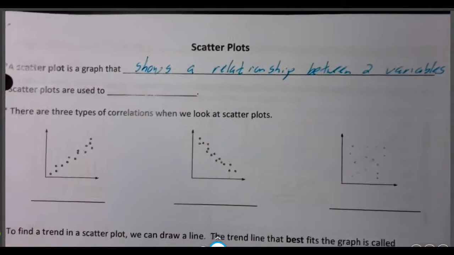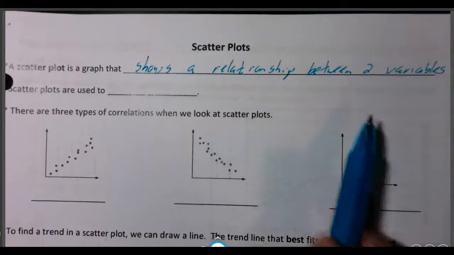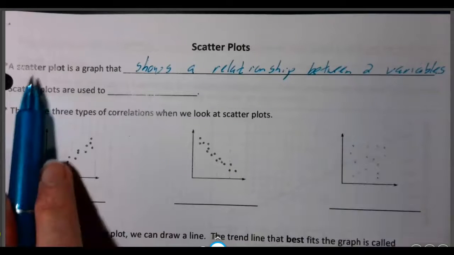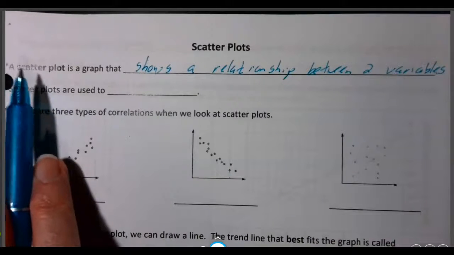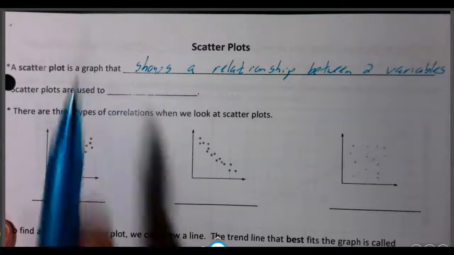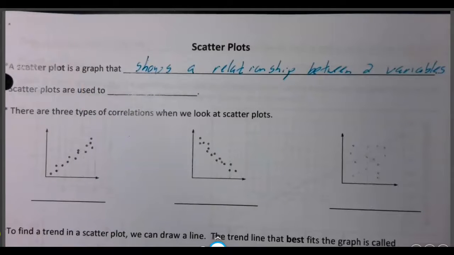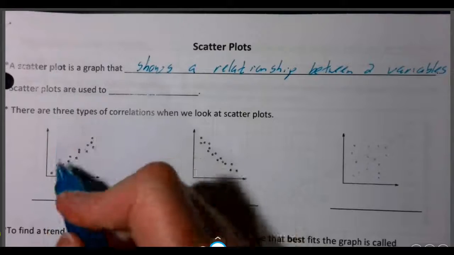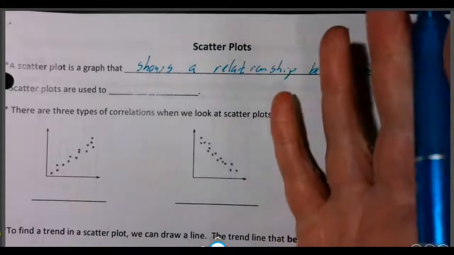Okay, now there's a lot of graphs that show a relationship between two variables. This one is unique because it is a scatter plot. We're not real creative when we come to math as far as how we name things. So a scatter plot is just that: we're going to plot some points, and they're going to be scattered, okay?